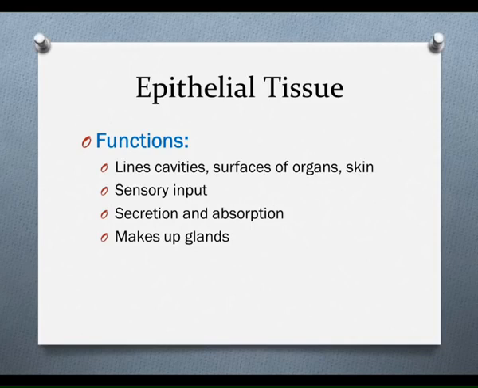So if you're looking at a gland and you're asked what type of tissue it is, it's epithelium. How do we know that? Do glands secrete substances to the outside of the body? Yes. So anything to do with secreting, absorbing, or anything at the surface of the body, the environment around, is going to be all epithelium.